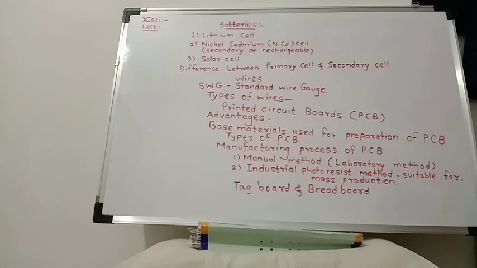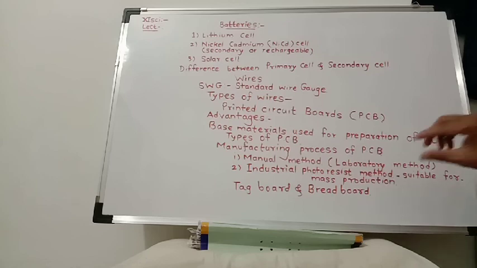Now we will study about tag board and breadboard. These tag boards and breadboards are used for assembling any electronic circuit, for making projects, or for testing electronic circuits, making connections as per the circuit diagram.